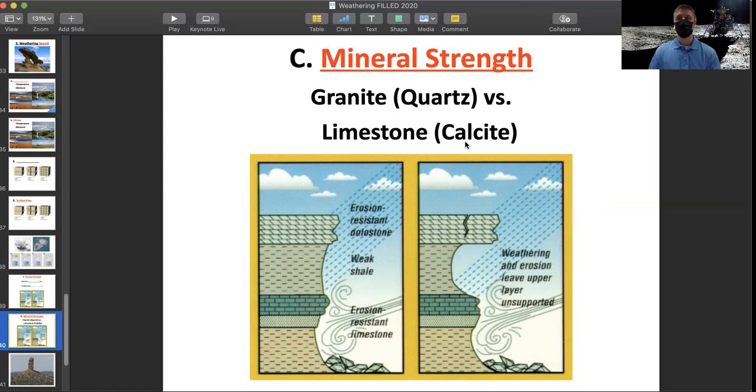If you've ever been to an old cemetery, you see old headstones that you can hardly even read, or maybe you can't even read them. You can tell that there used to be something there, but you can't tell what it was. They used to make headstones out of limestone because, as far as rocks go, it's relatively soft. It's pretty easy to work with, but it weathers fairly quickly.